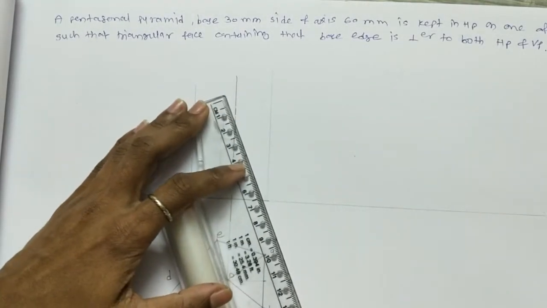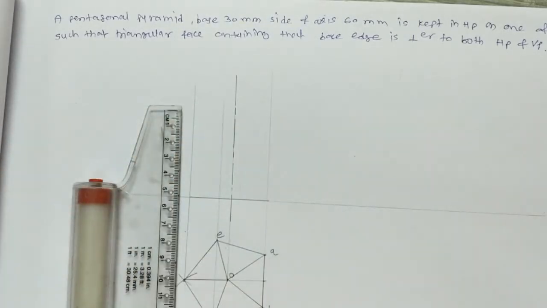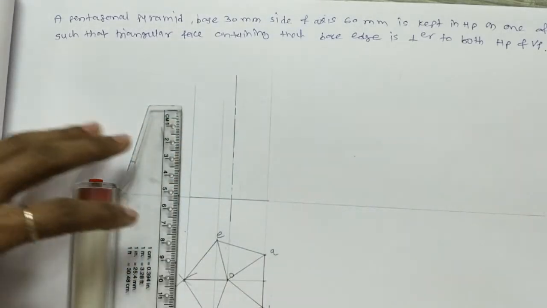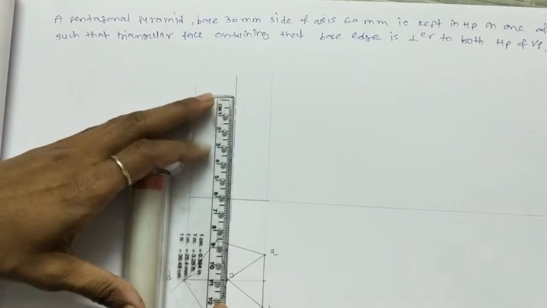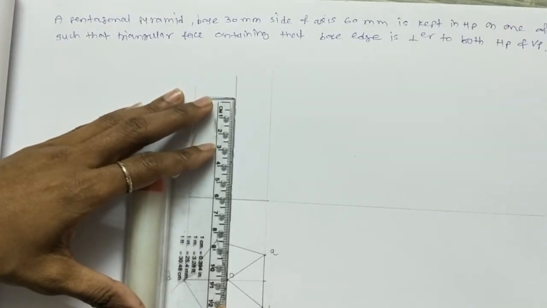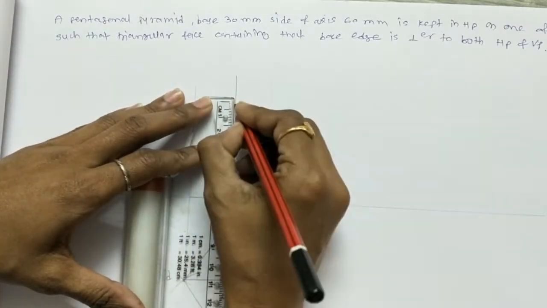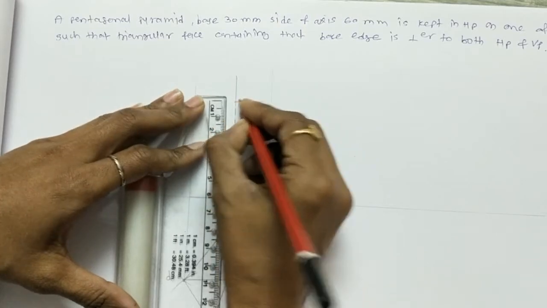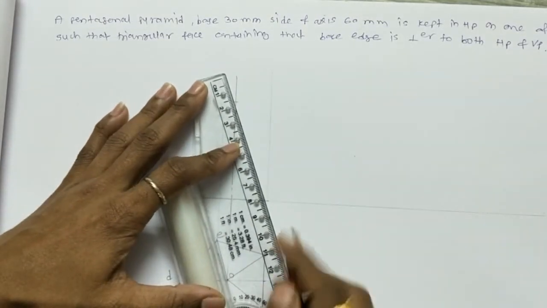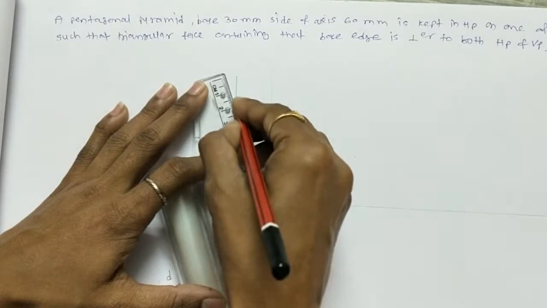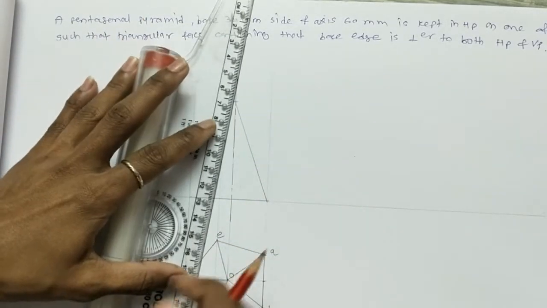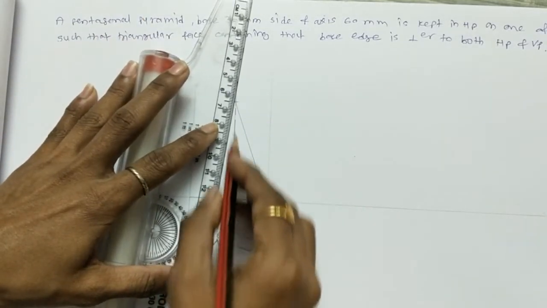Now join all these points to the center line or axis, and the height of the axis is given as 60. So measure 60 on this axis. This is the apex point. Now join these points to the apex.